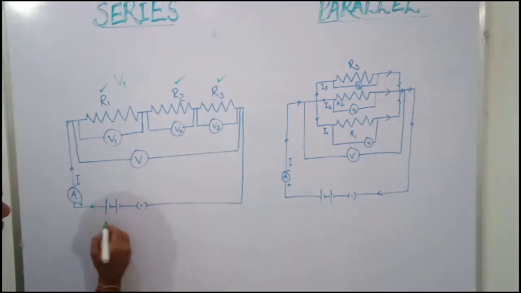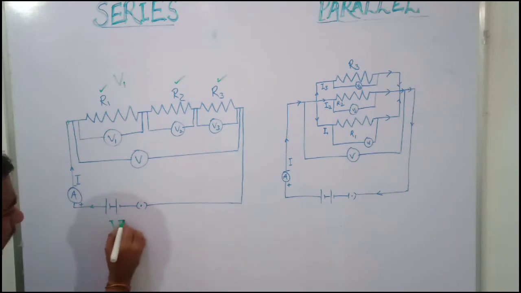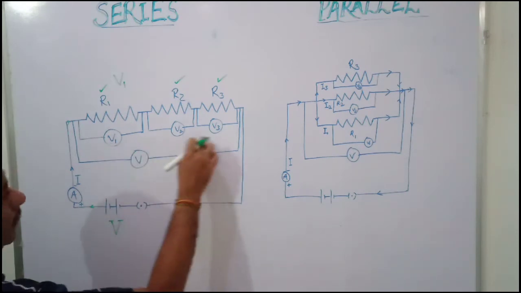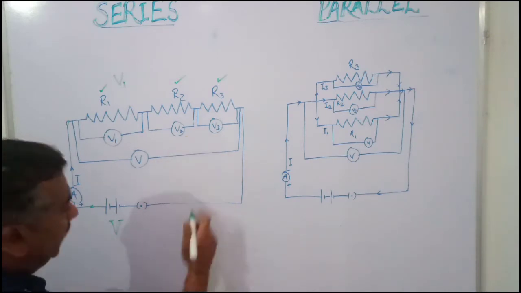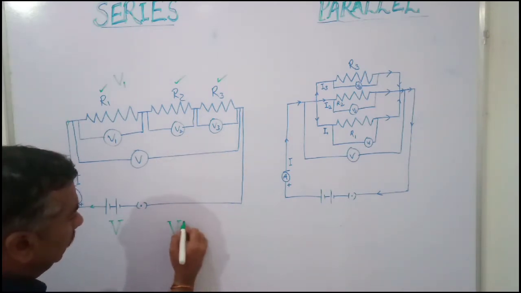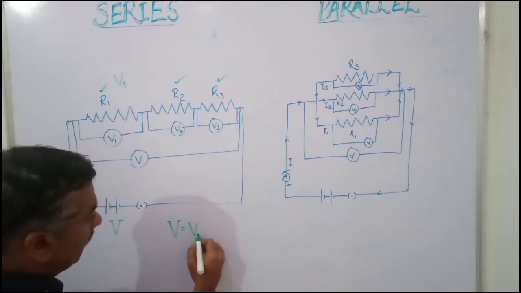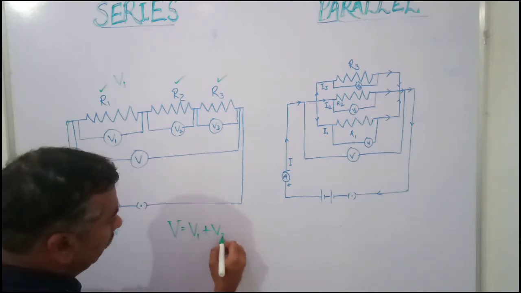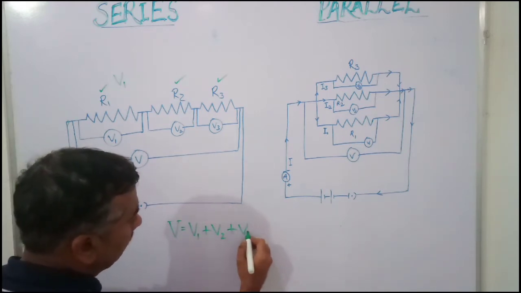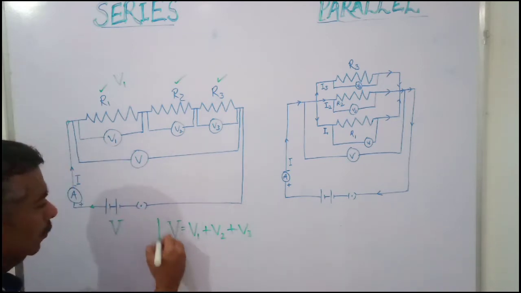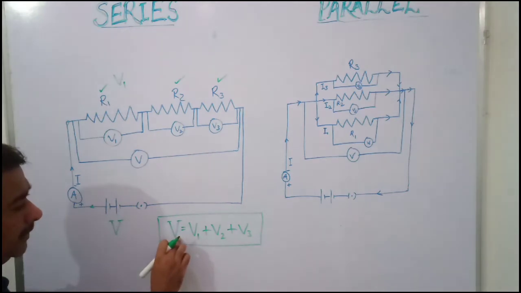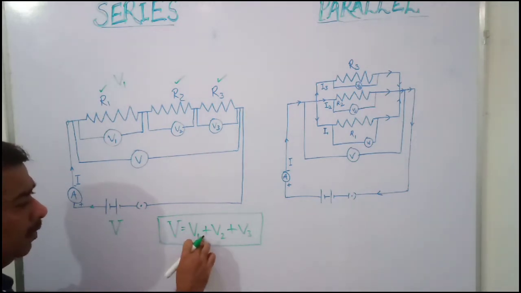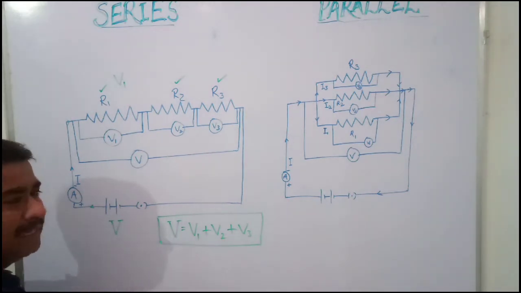So the total potential which was given by this battery has been used up in these three resistors. So we can say that the total potential V is equal to the sum of the potential drops across the individual resistors, right?